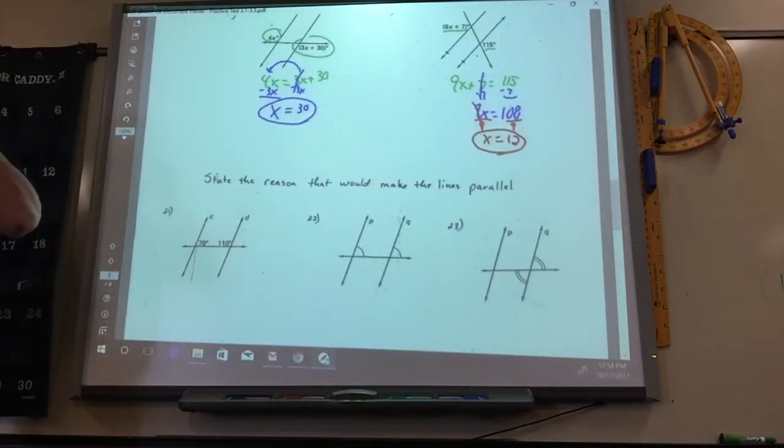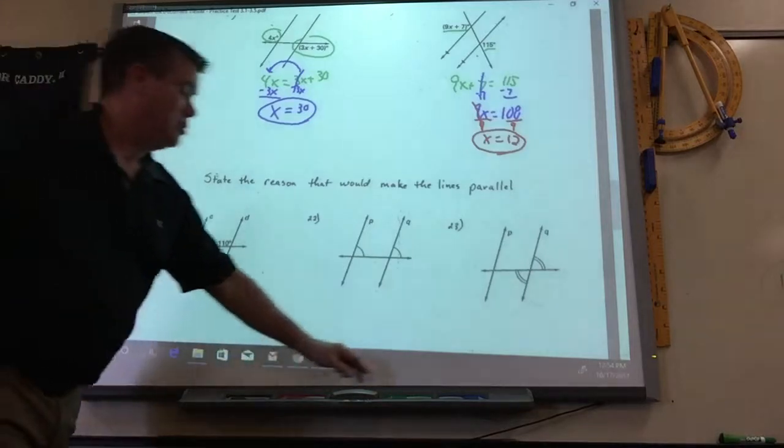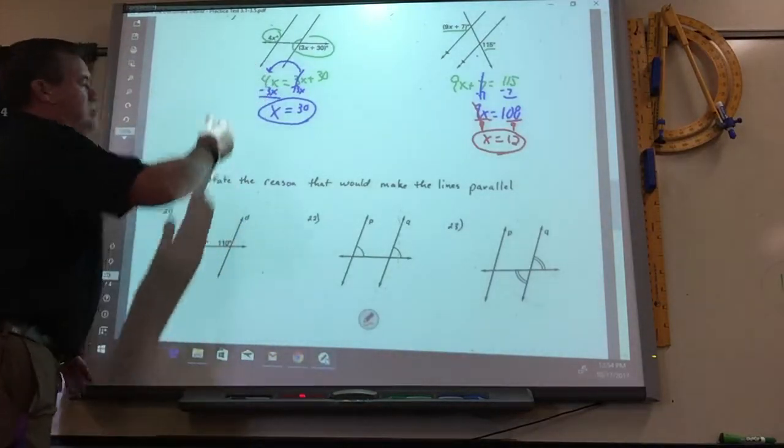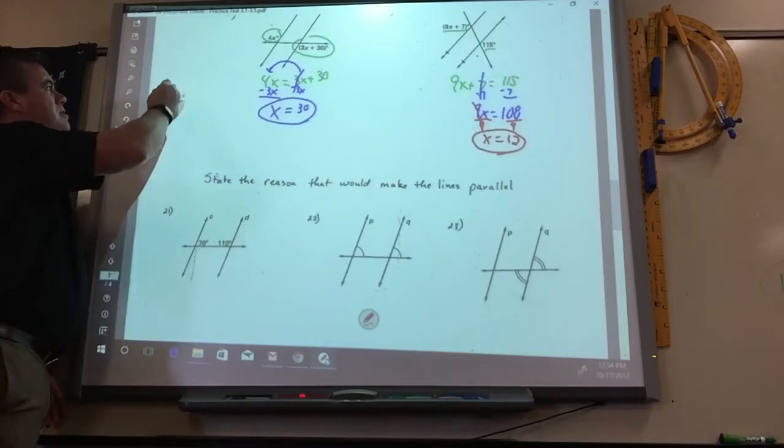Okay, so now remember on these, when it says state the reason that would make the lines parallel, there's 6 reasons, right? So it's going to be one of these 6, all the stuff that we've done throughout the test.